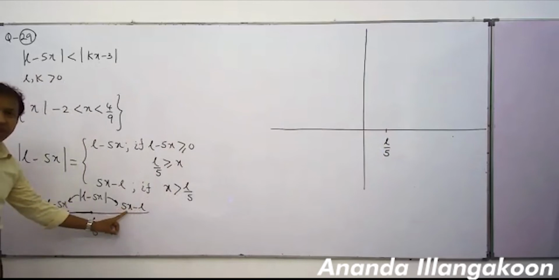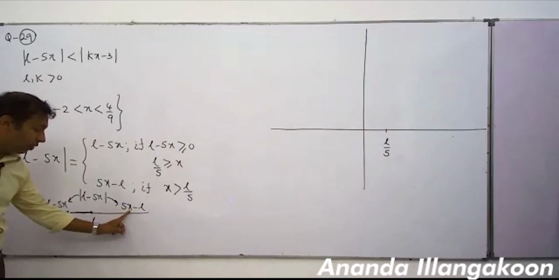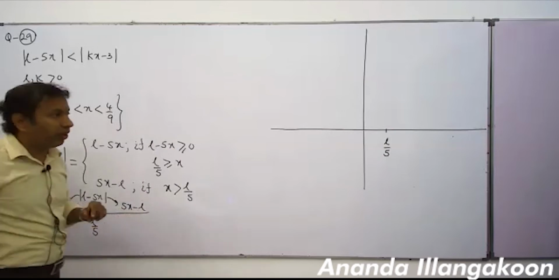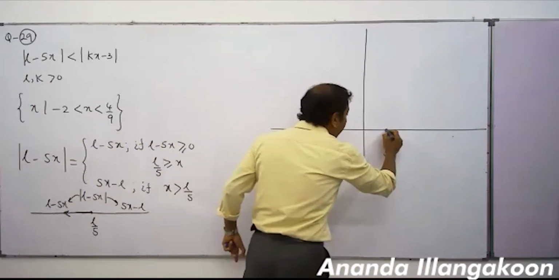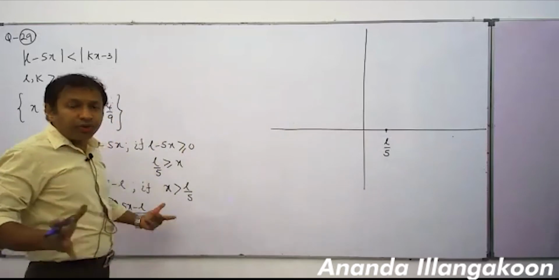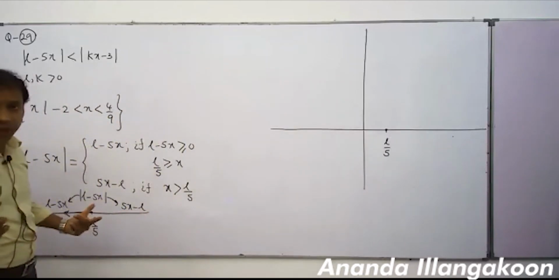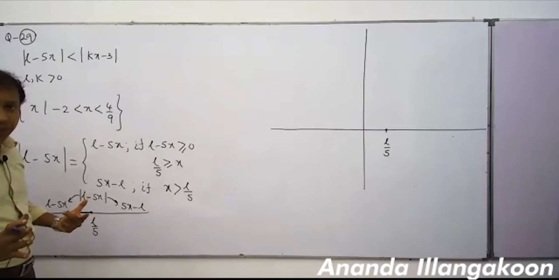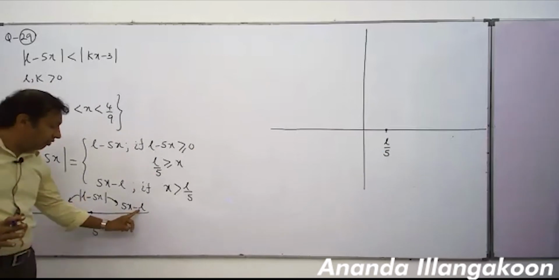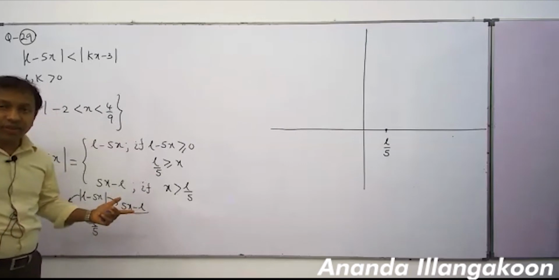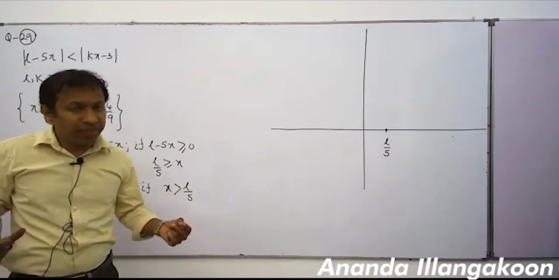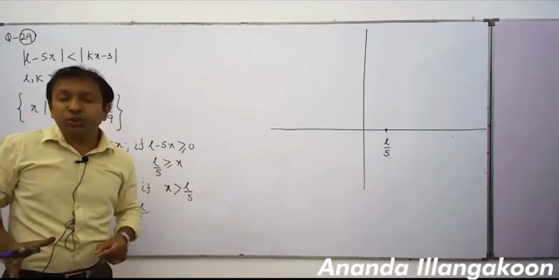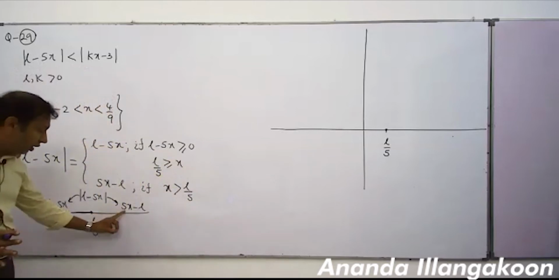We don't know the exact value of L. One point we can find: when I put x equals L by 5 here, the 5 and 5 cancel down, L minus L is 0. So one point only we have, that is y is 0 at x equals L by 5. To find the other point, we know there should be two points to draw the line. Minus L can be taken as the intercept, but we don't know the exact value of L. Then in that case, to draw the graph, we use the gradient.